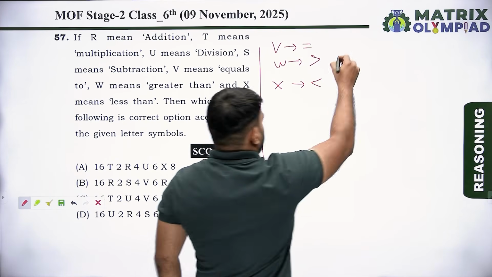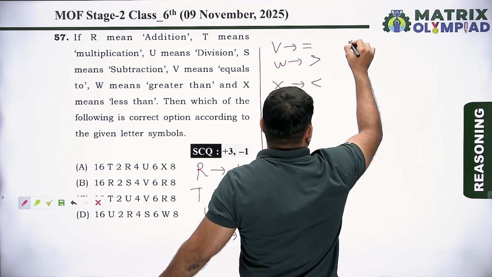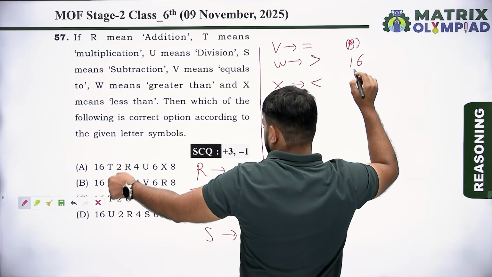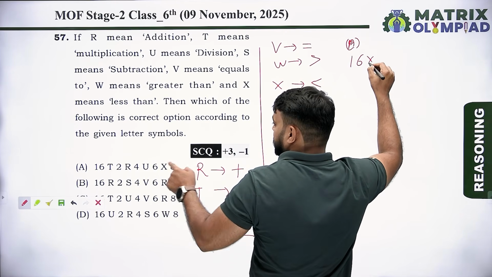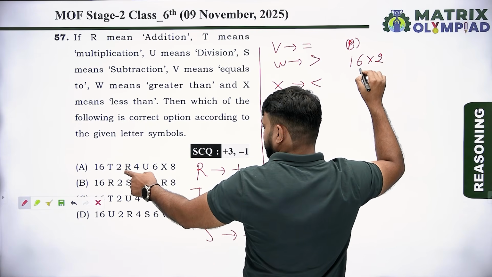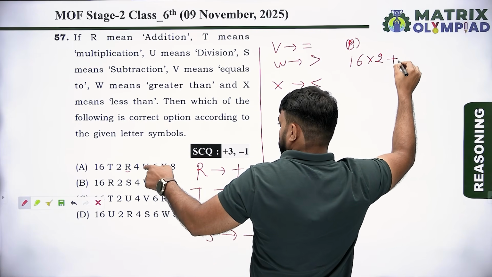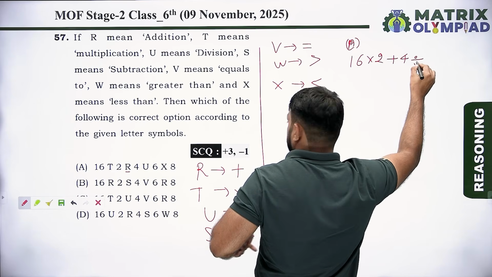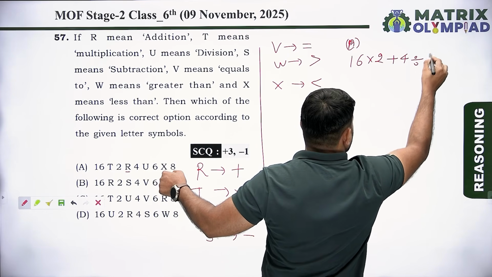So taking option A. So now according to option A, 16, T it means multiply by 2, R it means plus 4, U it means divided by 6.